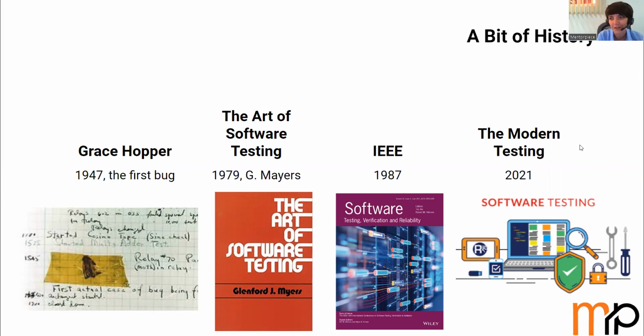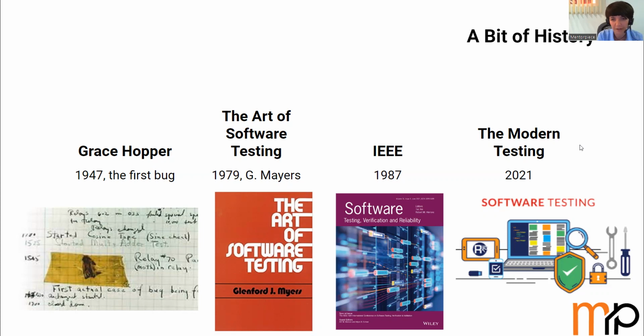And they answered, no, we didn't. So please do, asked Grace Hopper. And they looked inside and found a little bug on one of the relays. And Hopper took this bug and said, oh, this is a bug. So that was the first bug.